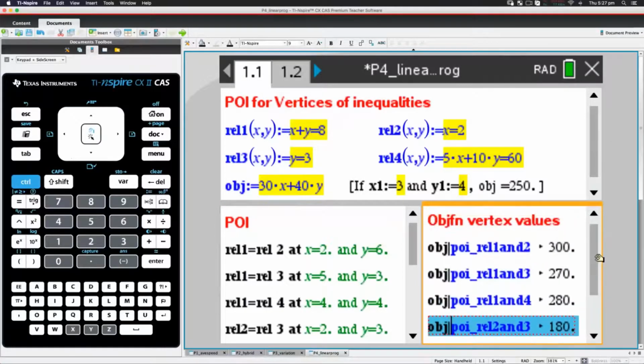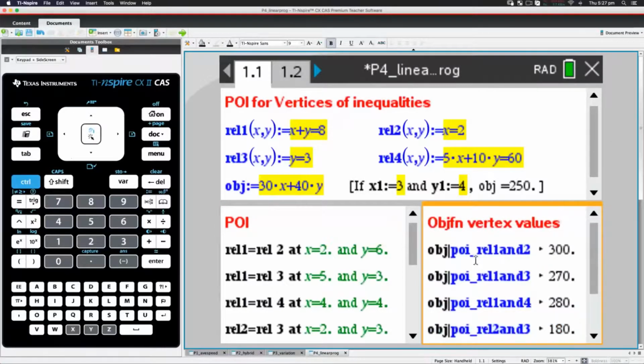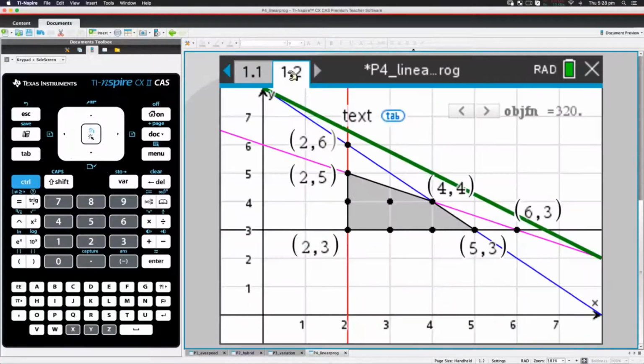Now, you need to be careful with these. Even though there are 6 points of intersection, it's not true that they're all valid as part of the feasible region. And so now I'm going to jump to the graph to make more sense of this. So here's a nice visualization of the feasible region, shaded in grey.